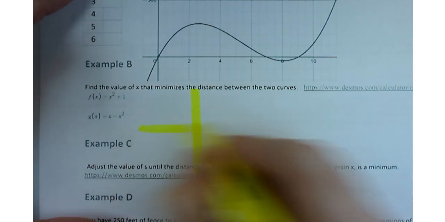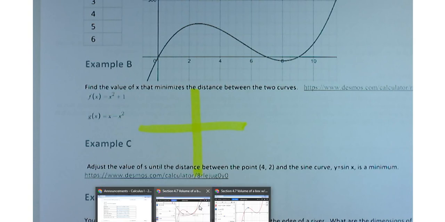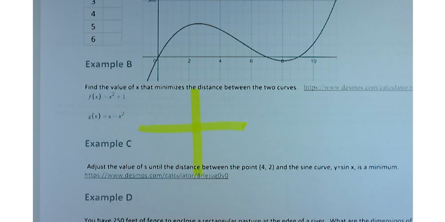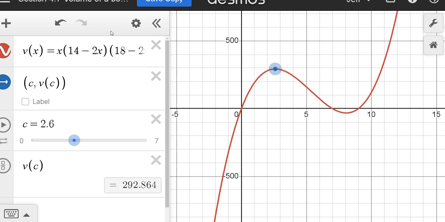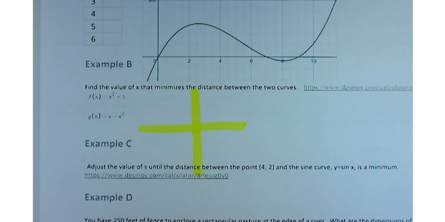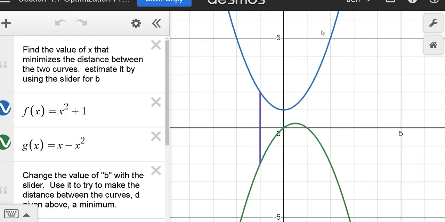So let's draw a little graph here, and open up the appropriate link. There we go. So the graph's going to look like this.